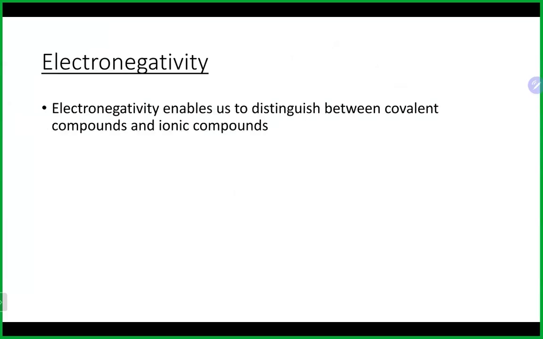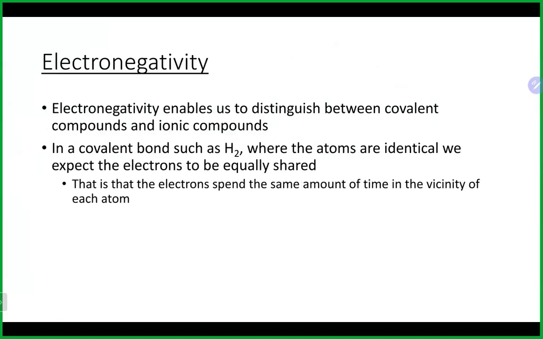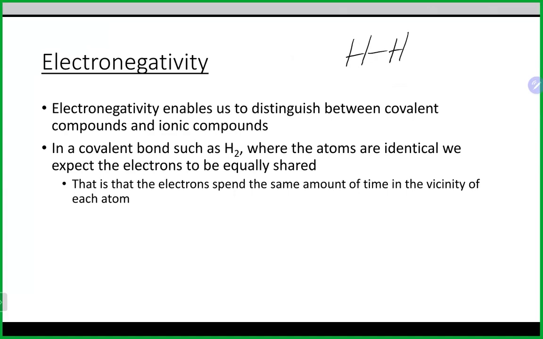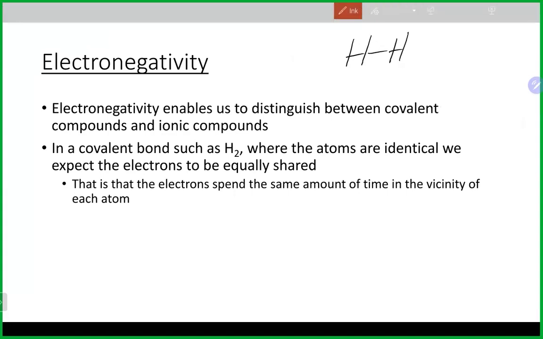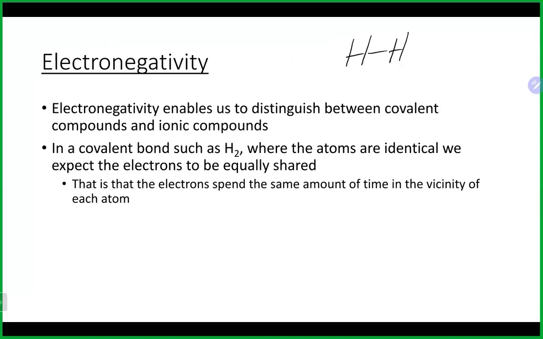So how can we use electronegativity to decide how electrons are shared? If we take an example like H2, obviously in this case they're going to be sharing those electrons. The hydrogen on the left and the hydrogen on the right are basically the same hydrogen.